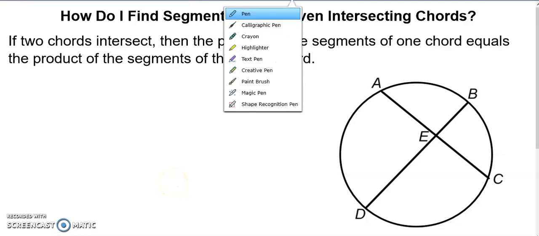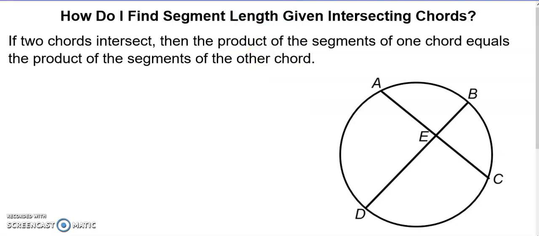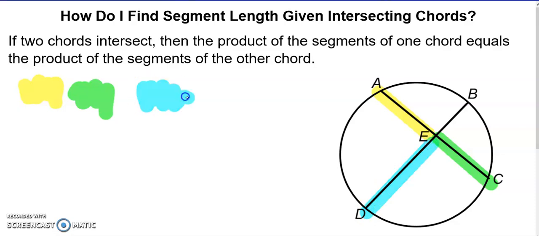If I have two chords that intersect inside a circle, the rule says the product of the segments of one chord equals the product of the segments of the other chord. So if I take yellow and green and multiply them together, that is going to equal the length of blue times purple.